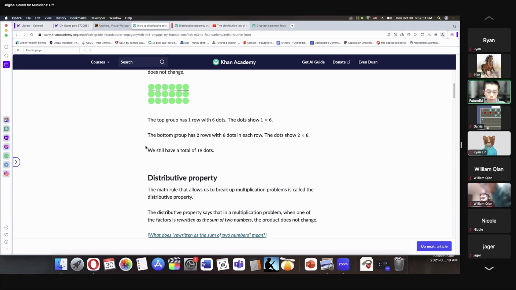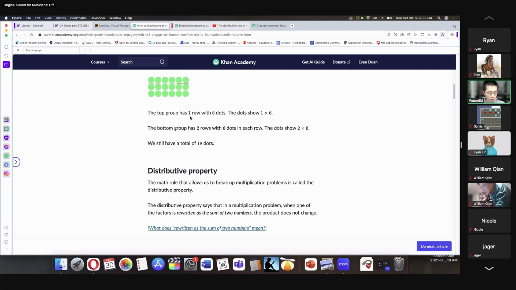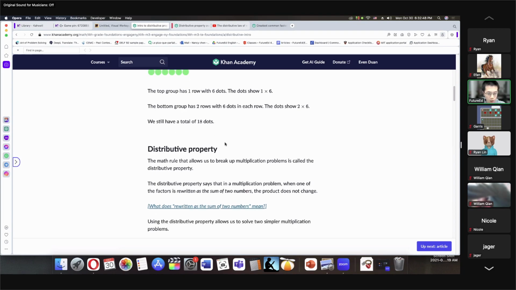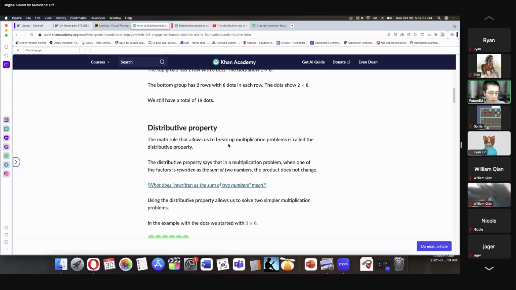Okay, wonderful. So we see here that even if we chop these dots up into pieces, it's still 18 dots. You can cut it up any way you want, but no matter how you arrange it, it still is 18 dots. And that's the distributive property. It might look very useless right now.